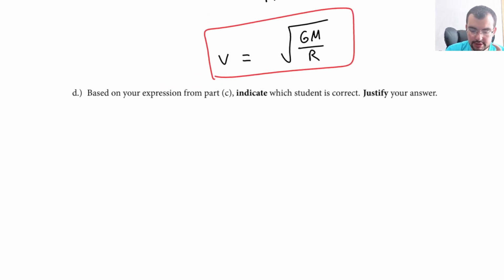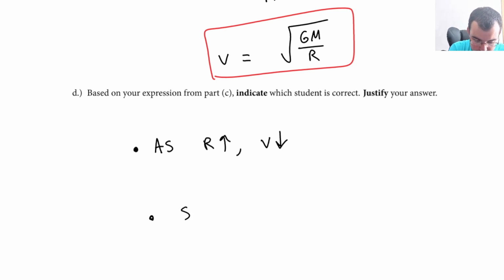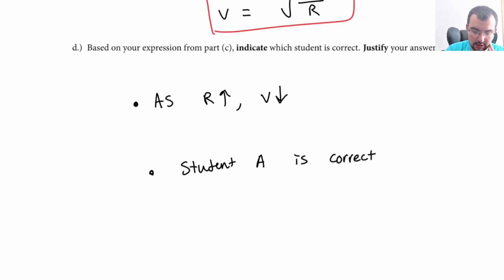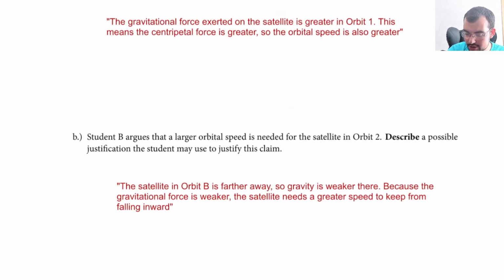So which student is correct? Justify your answer. Well, we see that as the orbital radius r increases, v decreases. So this means student A is correct. Where did student B go wrong?